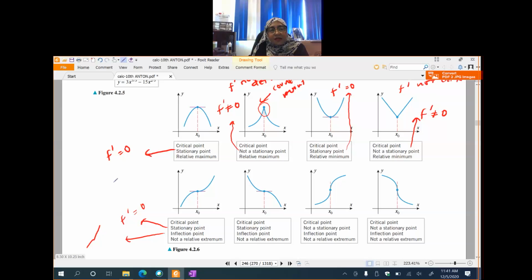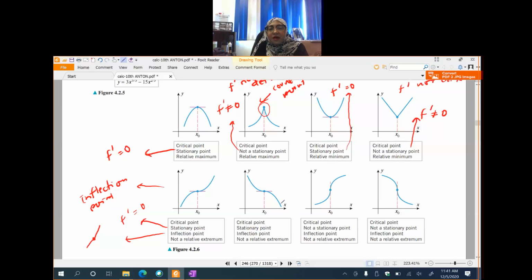It's always increasing, and it's not a relative extrema. This is called an inflection point. This is an inflection point as well. If you check the table, it will be decreasing and then decreasing again.